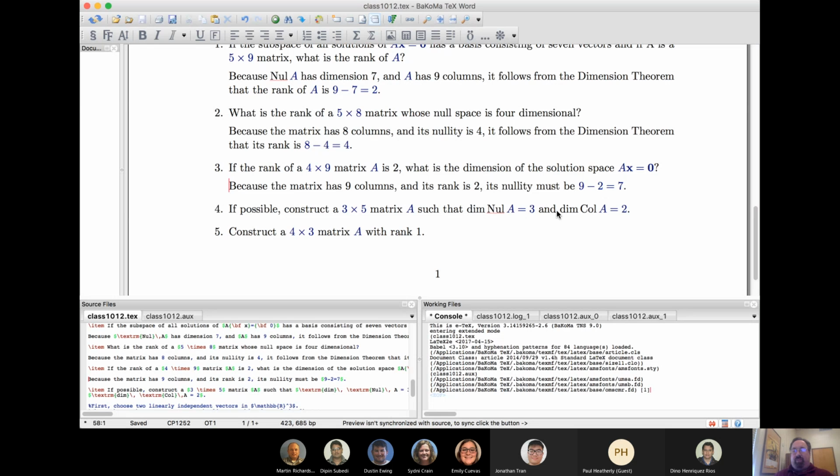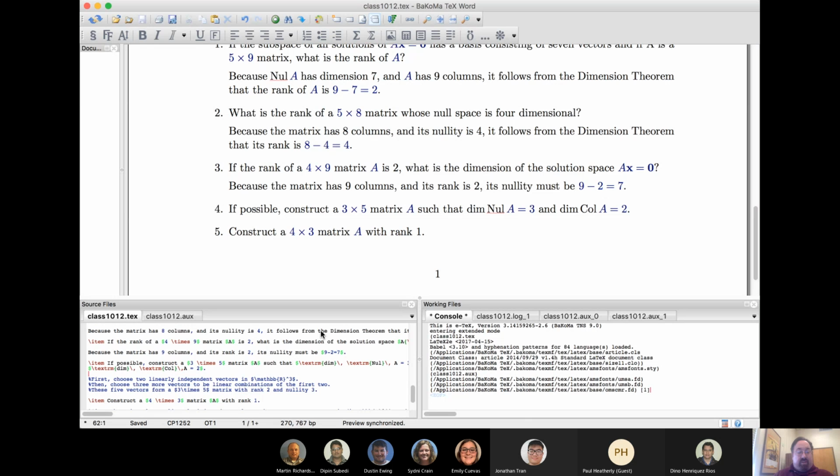In this case, this piece of information would not have needed to be given, because you're told that the nullity is 3 and there are 5 columns in total, so you'd have to have a rank of 2.